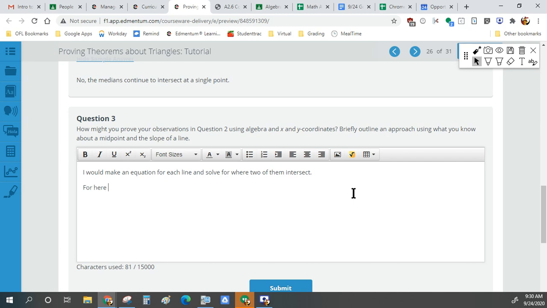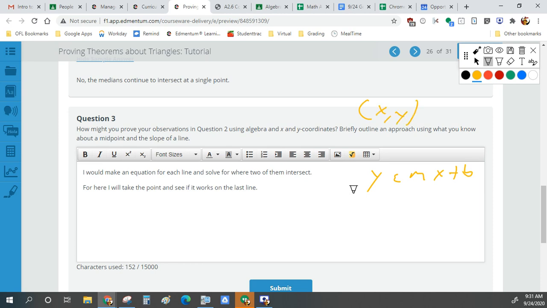From here, I will take the point and see if it works on the last line. So what I mean by that is I'm going to make my equations and see which x and y value they cross at.